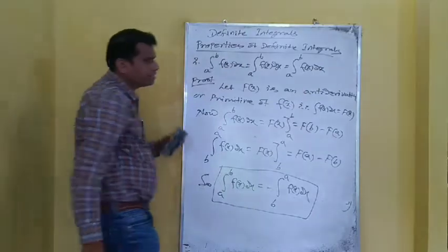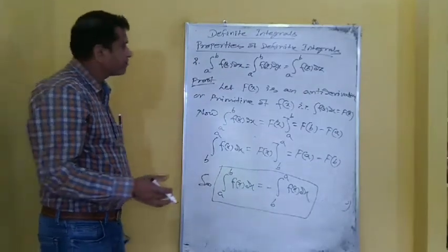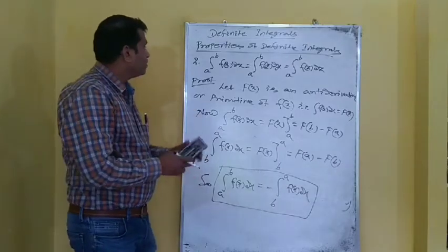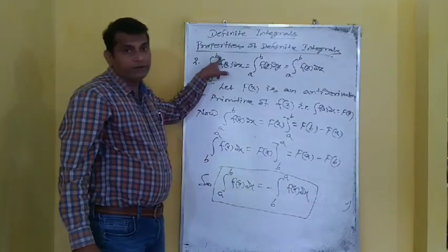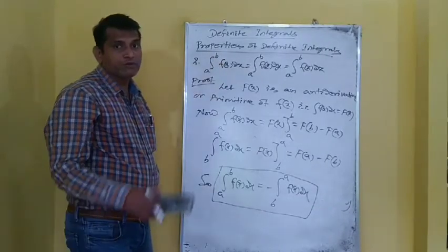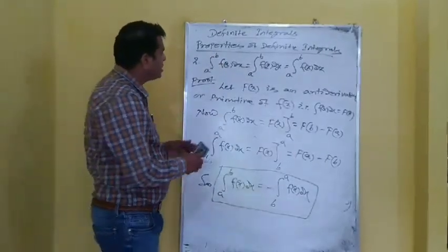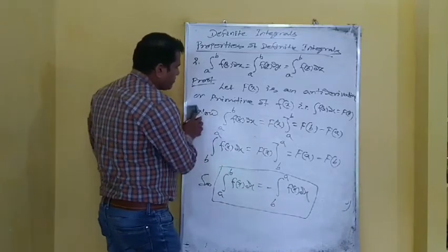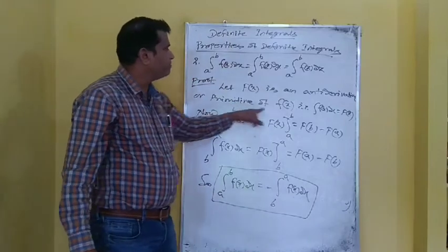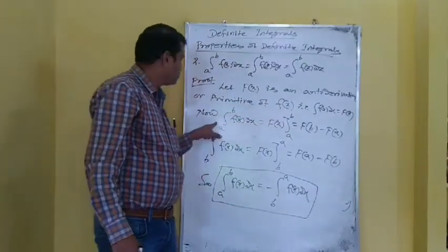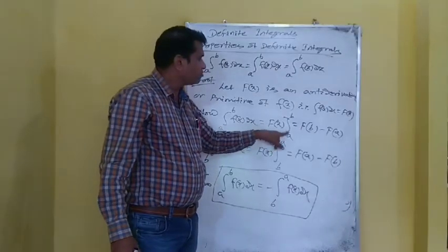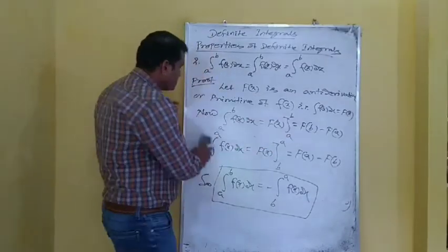That means if only the variable changes in the function, and the function is the same with the same upper and lower limits, the values of the definite integrals are equal. Let capital F of x be an antiderivative or primitive of f of x. So the integral from a to b of f of x dx is F of x from a to b, which is F of b minus F of a.